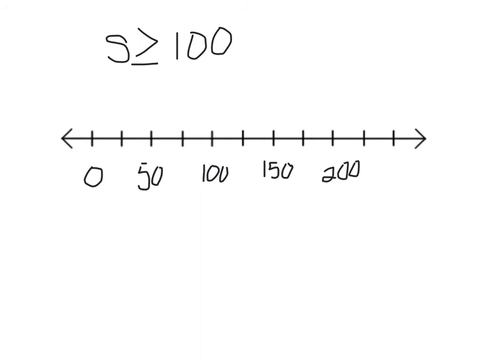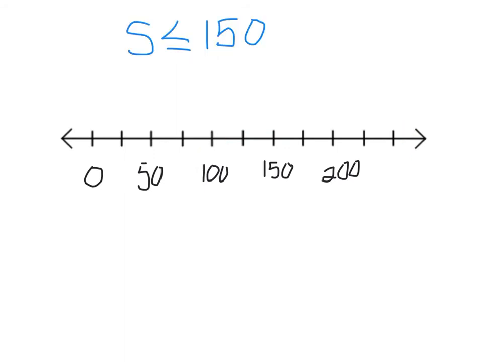So we're going to circle 100 just like we did last time, but the difference is this time we fill it in because it could be 100. It could be equal to. So we fill in the 100, s is greater than or could be greater than also, so we go in the direction to the right and put that arrow to say it could be any numbers heading up this way, including 100. So that closed circle means that the number is in the solution set.